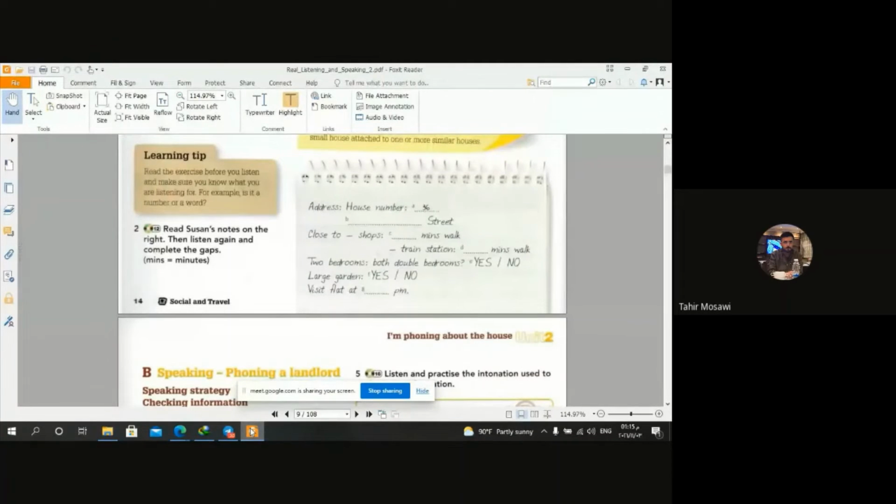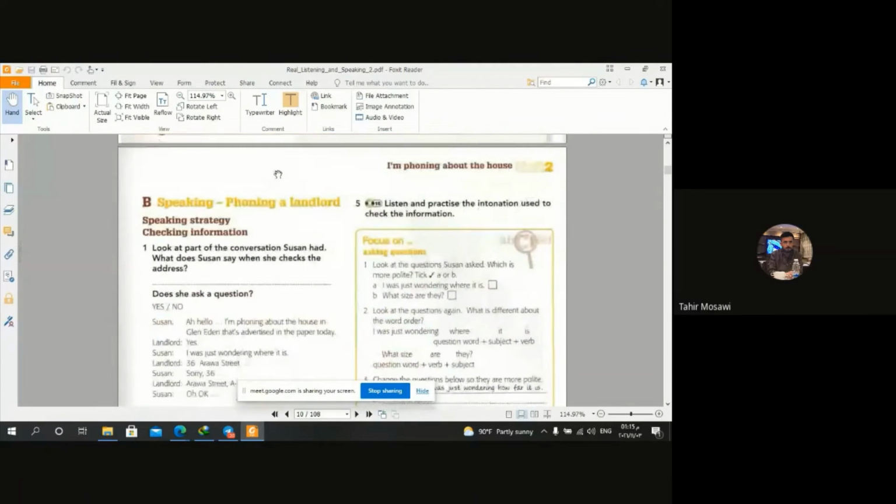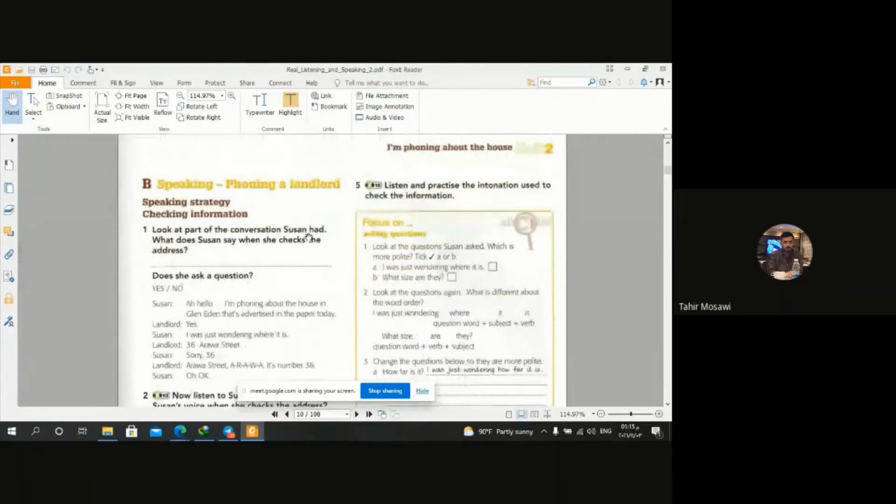Okay. So now we're going to turn the page to page 15 and another speaking strategy. And in this speaking strategy we can check information. How can we check information from someone?